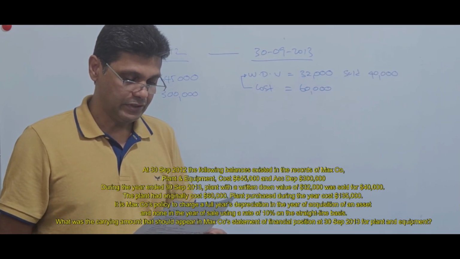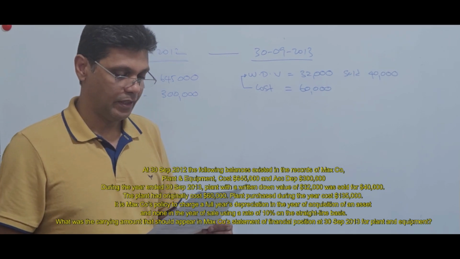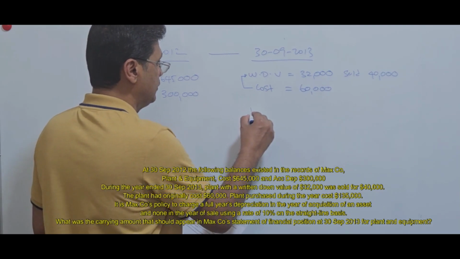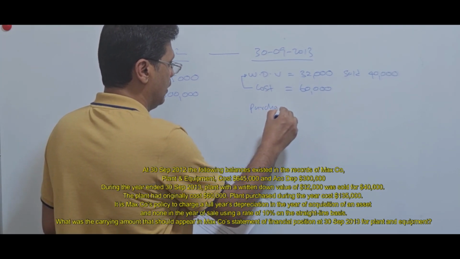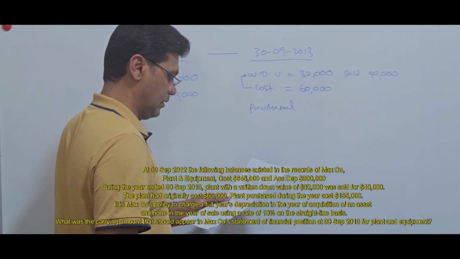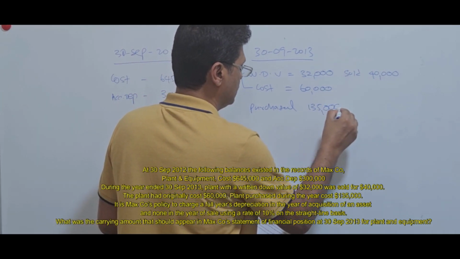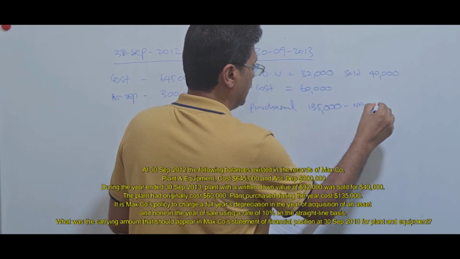The plant purchased during the year cost 135,000. In addition to that, the company has purchased $135,000. This is a new addition.